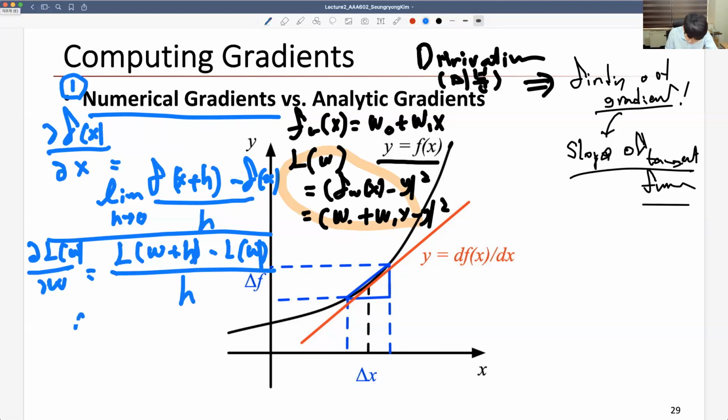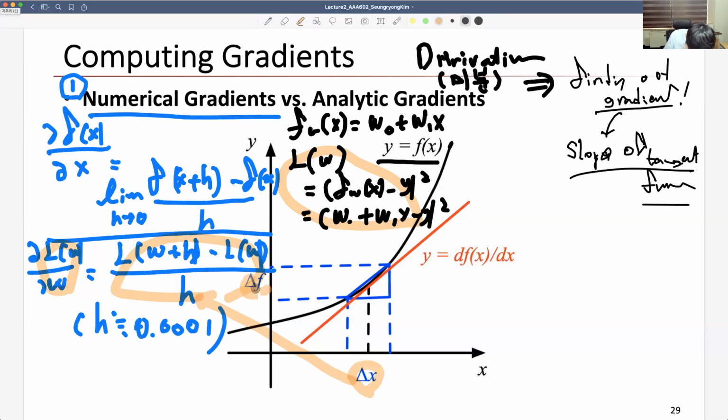In this case, h might be a very small value, for example 0.0001, and w is the current parameter, right? By using this kind of computation, we can get the gradient at this point. So this is called the numerical gradient.